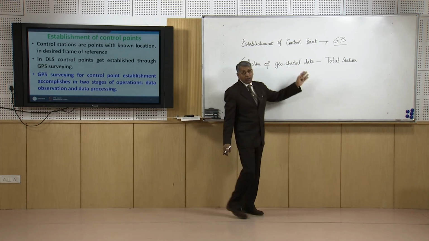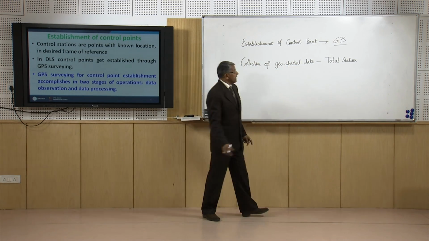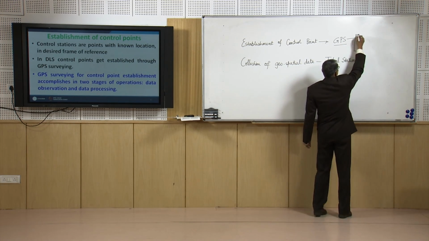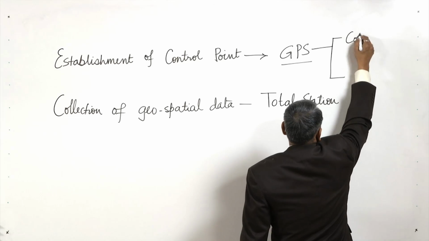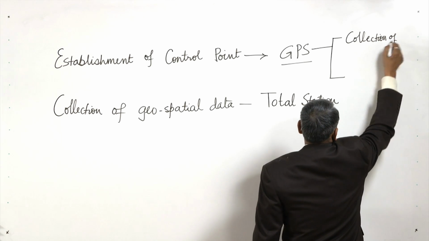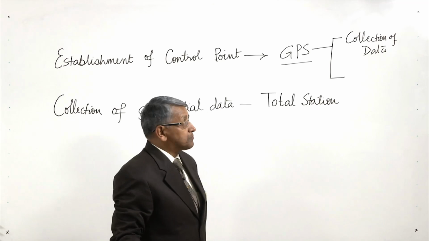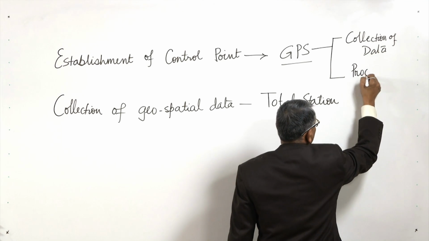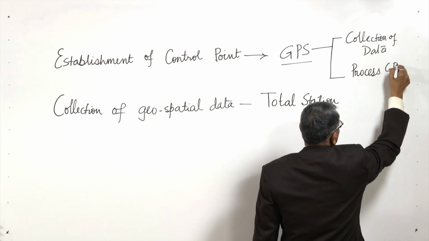To use the global positioning system for establishment of control point, again it has two parts. One is the collection of GPS data and the next part is to process GPS data.